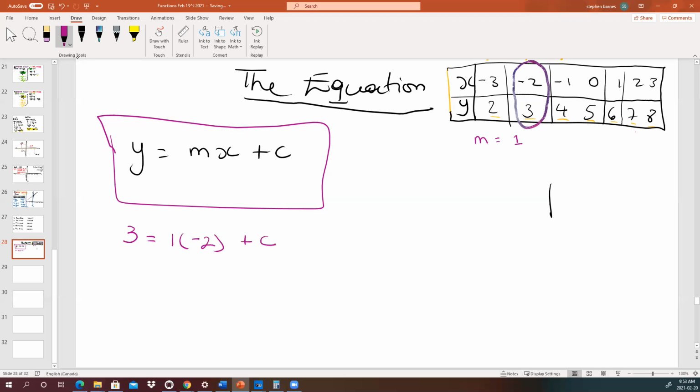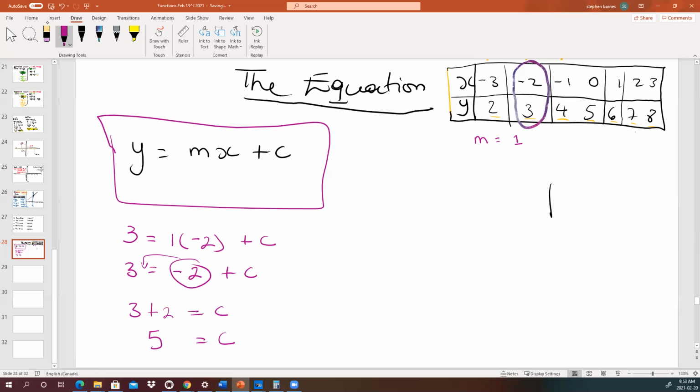So we have 3 equals -2 plus c, and then carrying the -2 across the equal sign, it becomes +2. So 3 plus 2 equals c, 5 equals c. So that is how you find c without going on a graph. You have to use the equation of the line to find it.